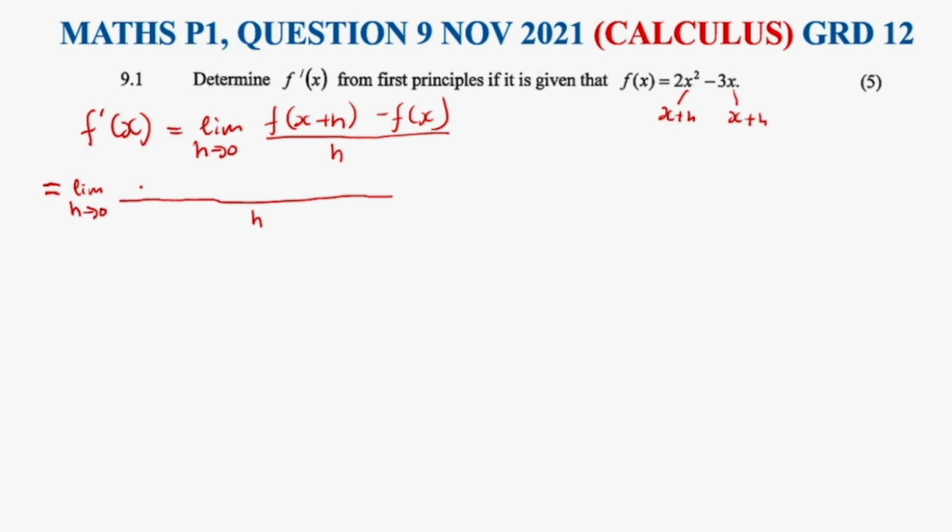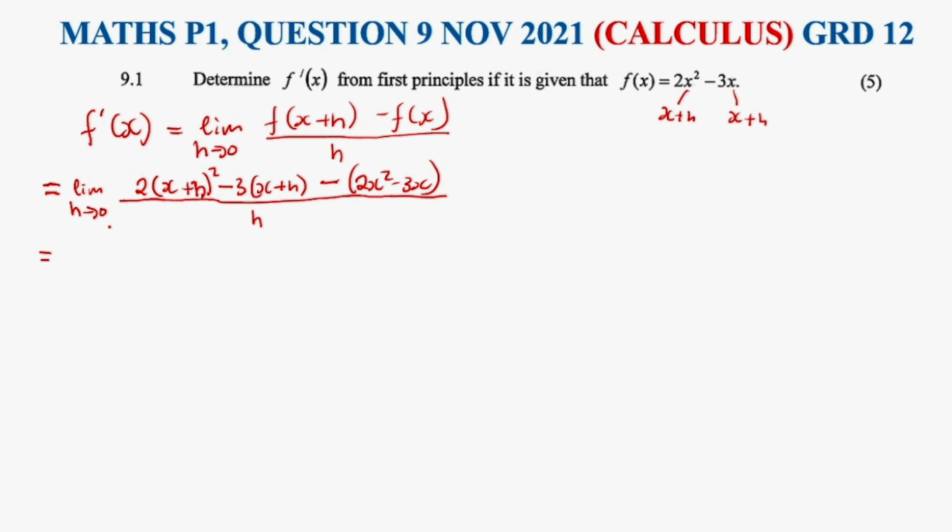The 2 will remain as 2, so it's going to be 2 times x plus h, but this is squared, minus 3, and where there's x, we put x plus h. Therefore this is f of x plus h, so we say minus in brackets the whole of f of x, which is 2x squared minus 3x, close bracket, all over h.